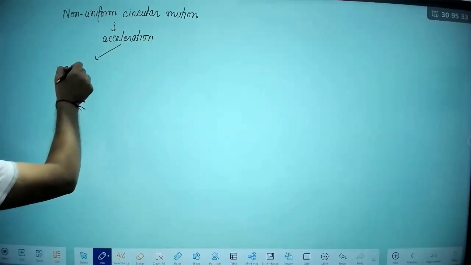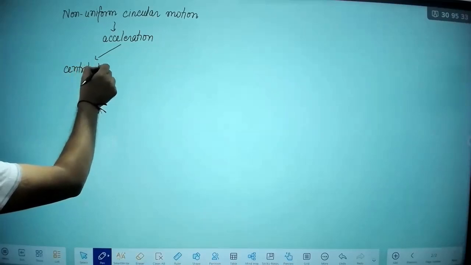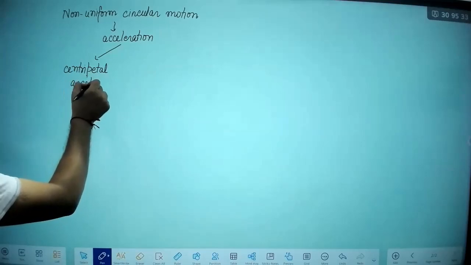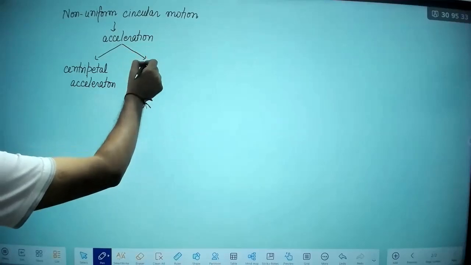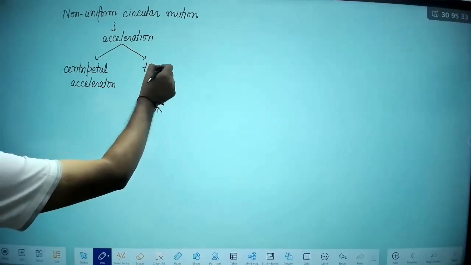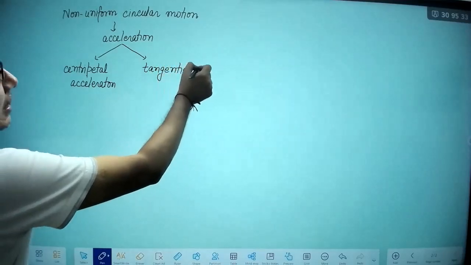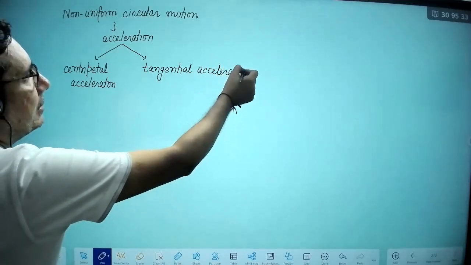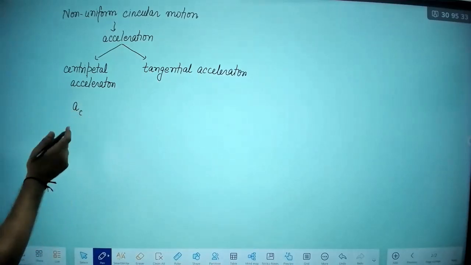So one is centripetal acceleration, that is acting toward the center. And second is tangential acceleration. This centripetal acceleration is AC, or you can say AR.